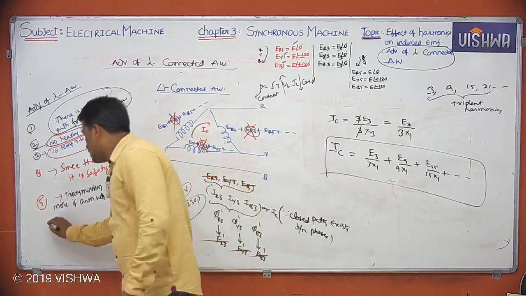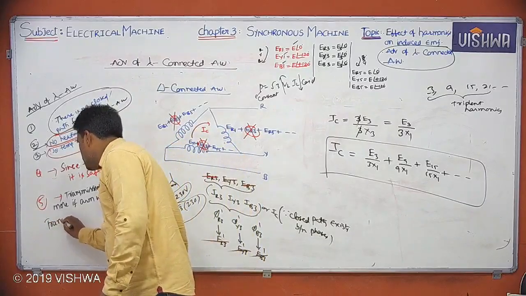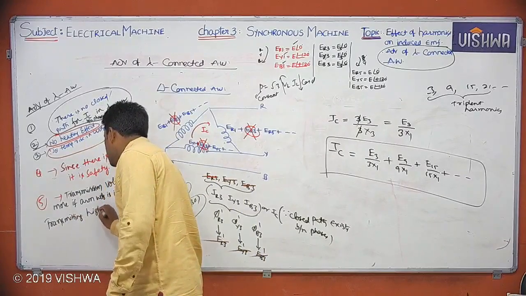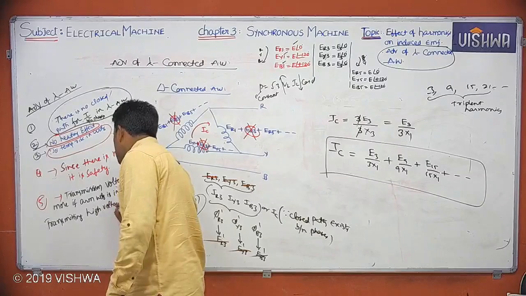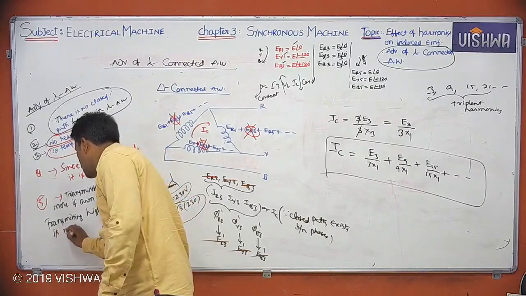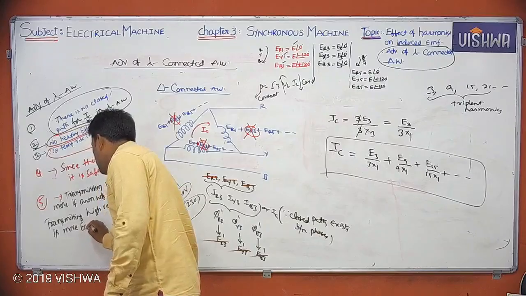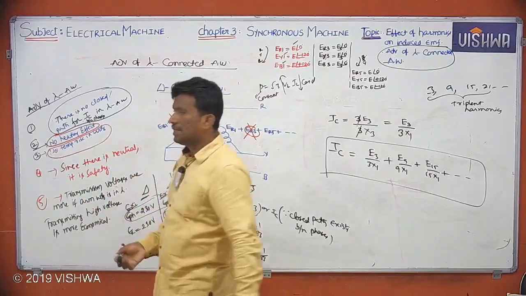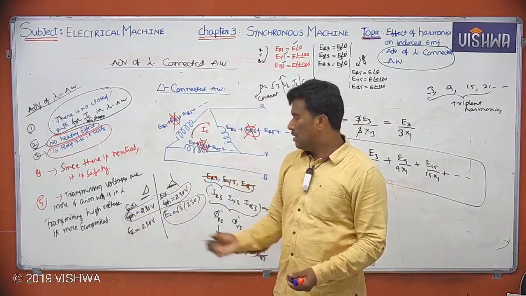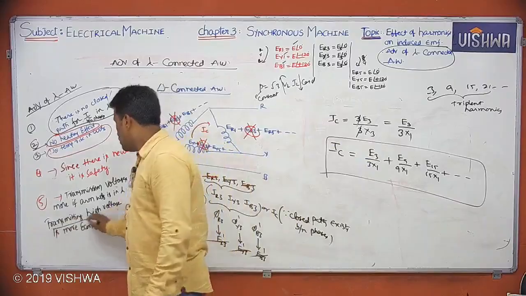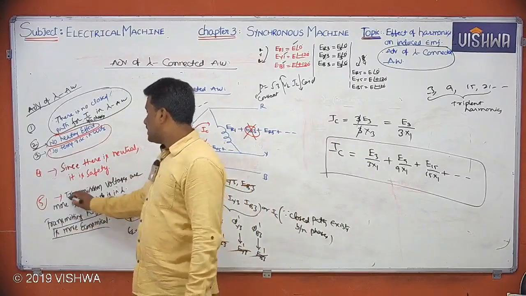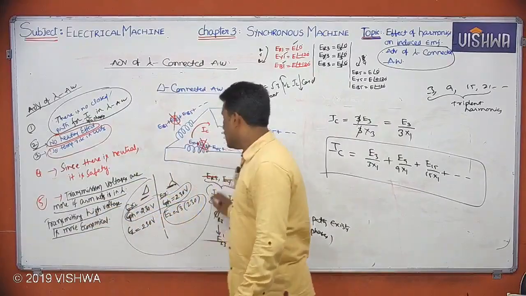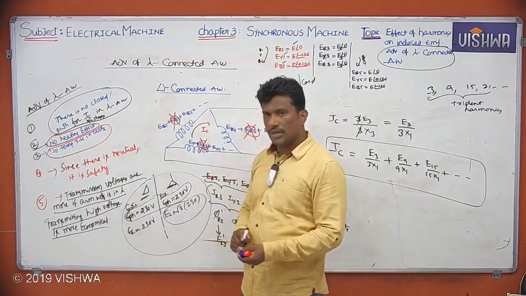Transmitting high voltage is more economical if you compare with transmitting low voltage. This point everybody knows. Transmission voltages are more if the armature winding is star, because in star connection line voltages are more. Okay, so that's the reason.